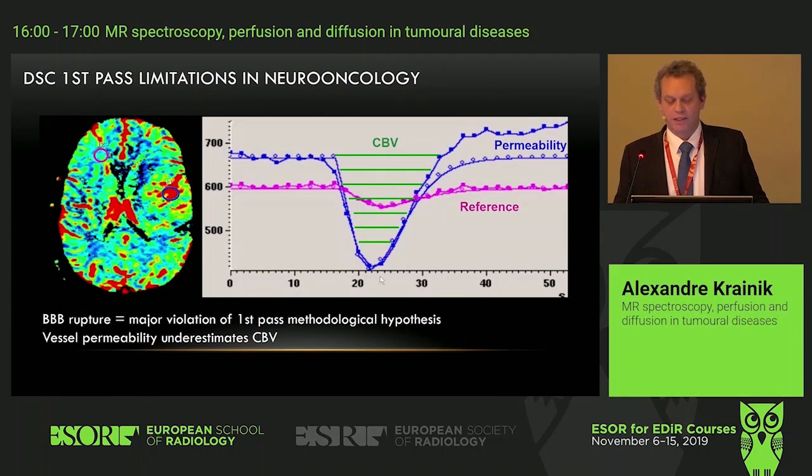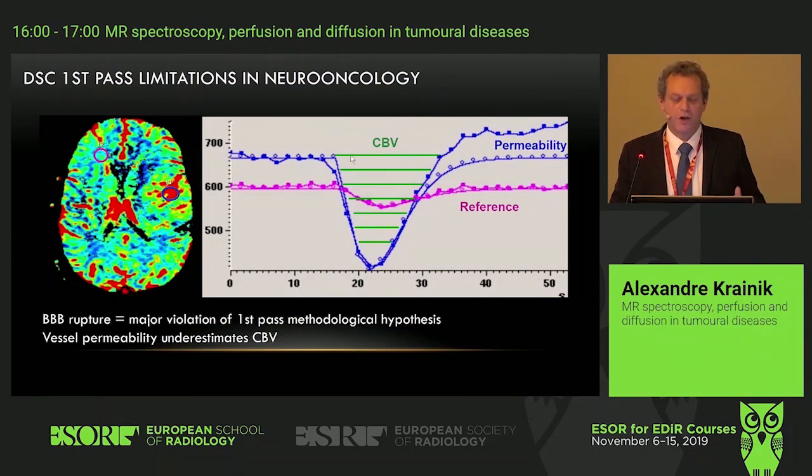And you will have your signal change due to the transit of your contrast agent. And I said that normally the entirety of the signal change is due to the total quantity of your agent. Okay? Then normally the integral above this curve is a good marker of the cerebral blood volume.